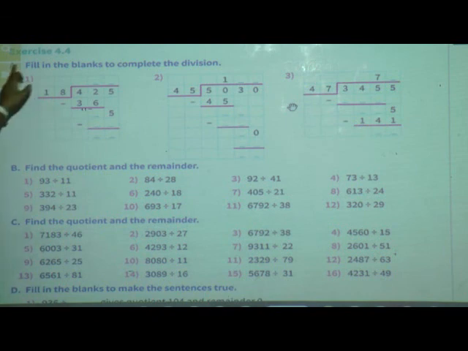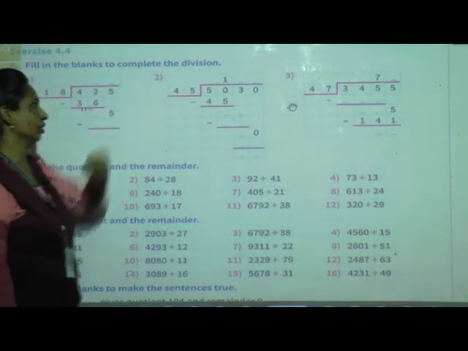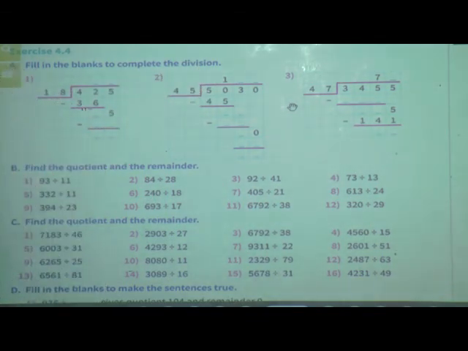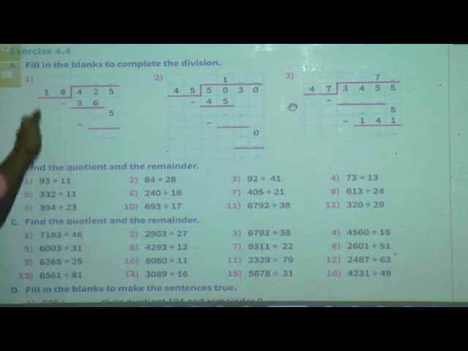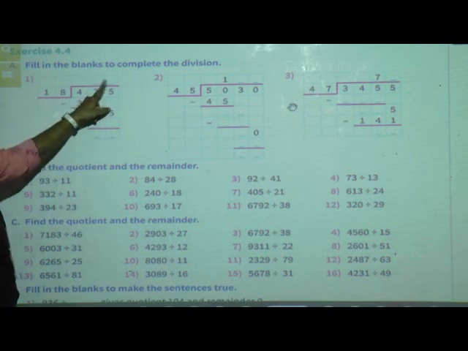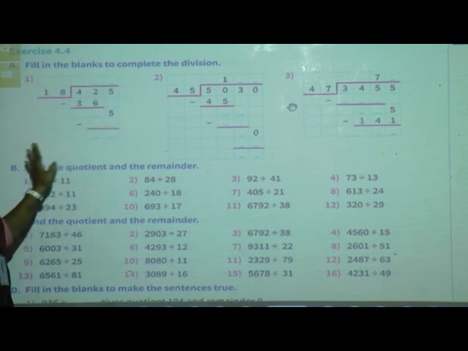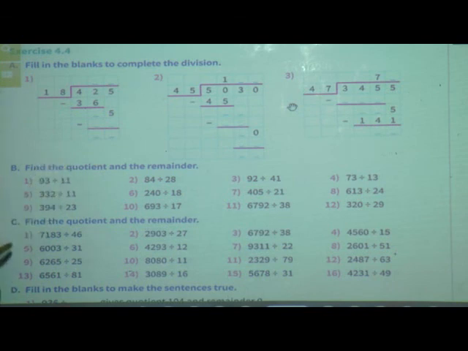Now what is the exercise 4.4a question? Fill in the blanks to complete the division. See, the 18 table they have given, isn't it? Now we have to write the quotient. Wherever they have given blanks, we have to fill them. Very easy. Go with the estimate only. Find out the estimate quotient and try with the actual quotient.